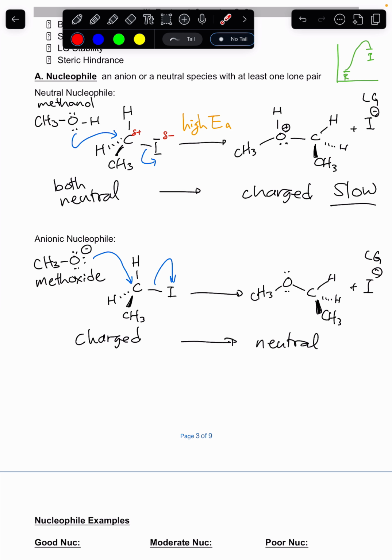So this time we should have a reaction energy diagram starting with a high energy and ending with low energy. For that reason, this is not a high activation energy situation; this is going to be low activation energy. One other thing this tells you is that this methoxide is a better nucleophile.